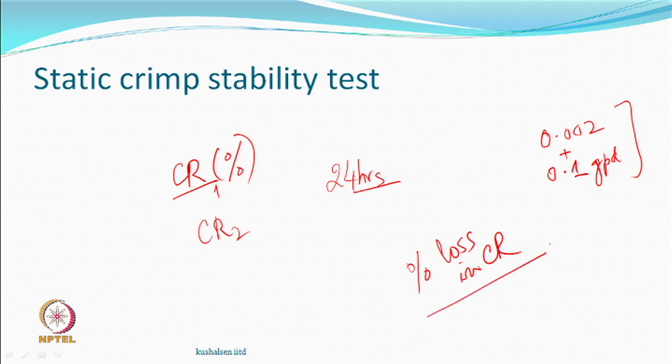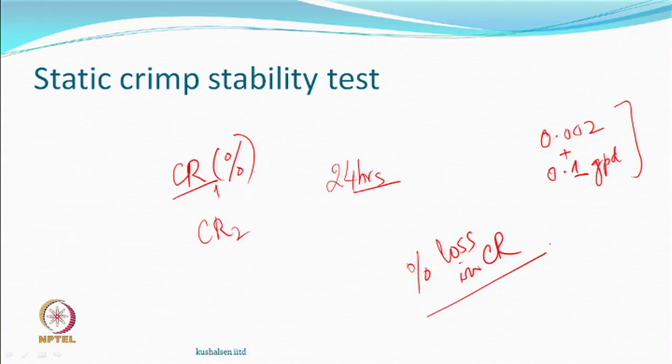So, the percentage loss in crimp rigidity will give an idea whether the setting was good, or whether the material that you chose to texturize responds differently to the stress levels, right. So, this test can be performed, and if the loss is less than 5%, you should be quite happy, that is not bad.